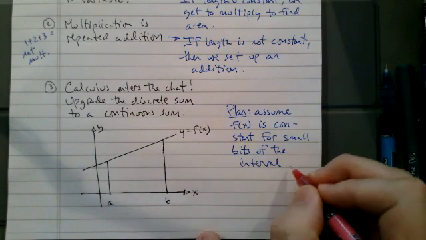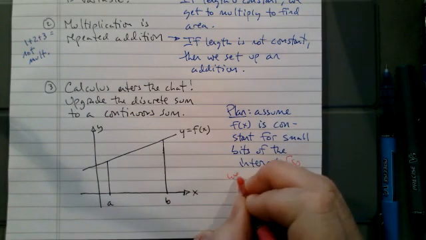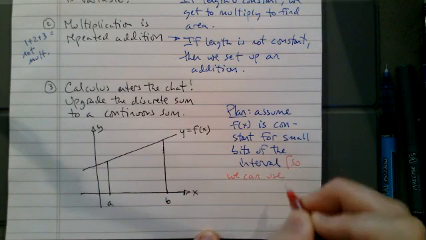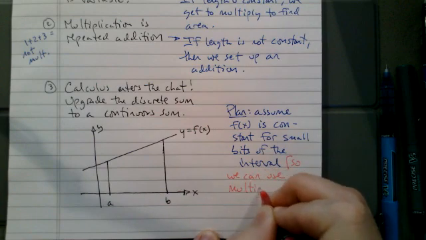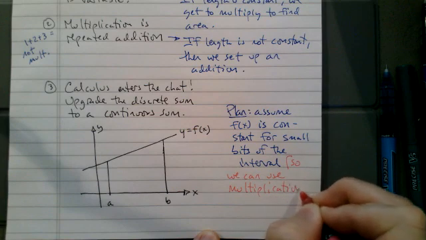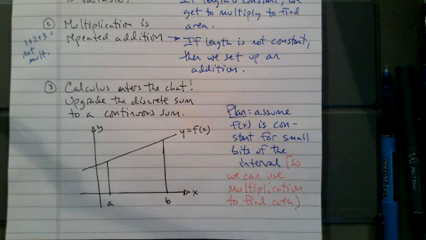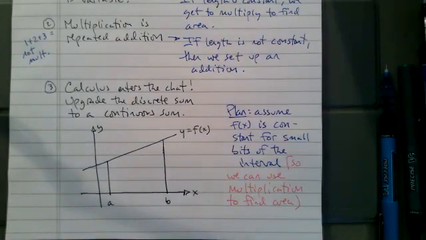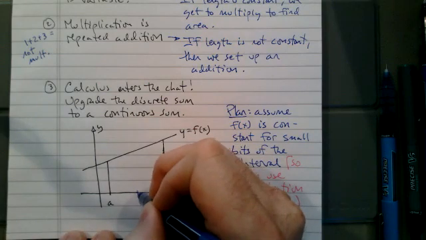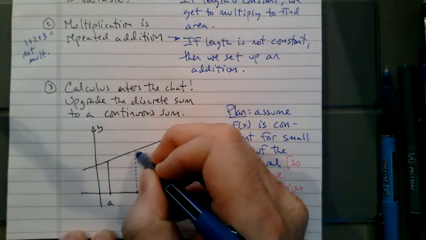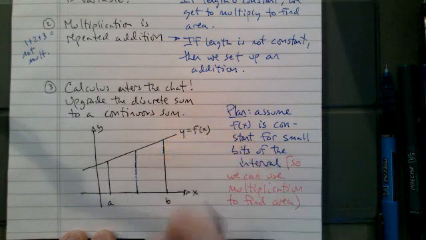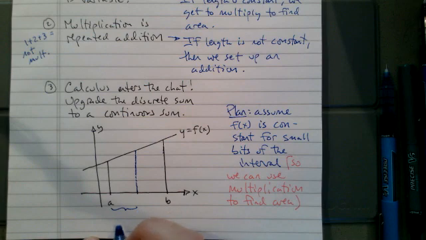That's the reason that we want to do this. So we're going to break the interval up and say, for this small portion of the region, let's say that is a delta x.